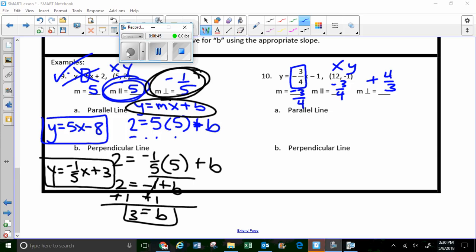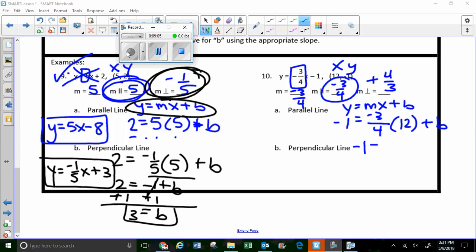For the parallel line, well really for both of them, we all start with y equals mx plus b. So replace y with -1, replace m with the parallel slope, which is -3/4, and the x, 12. And solve for b. So -3/4 times 12 is going to be -9.